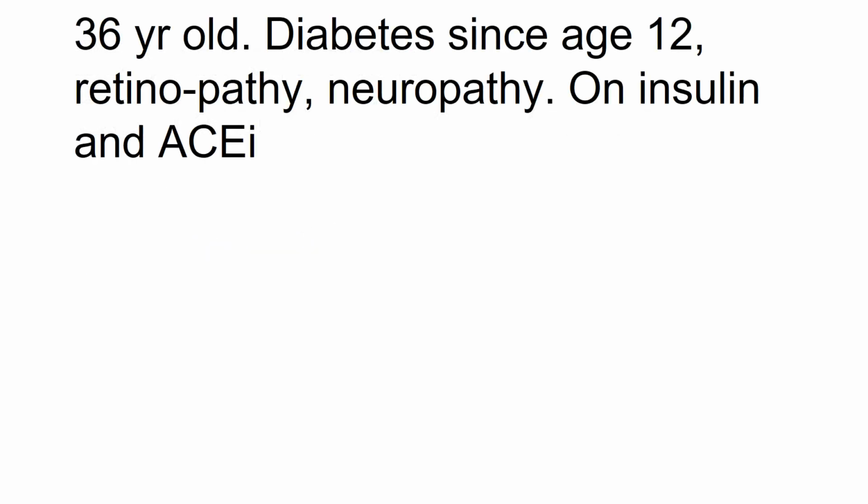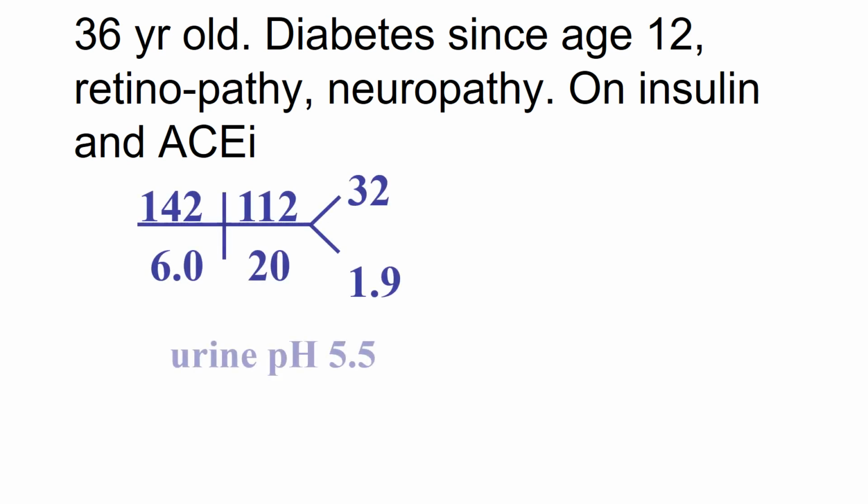Let's take another case, a 36-year-old diabetic since the age of 12, with retinopathy and neuropathy, on insulin and an ACE inhibitor. Your potassium level is high, urine pH is low, bicarbonate is low, right? So it's a sign that there is hyperkalemia with a non-anion gap metabolic acidosis.